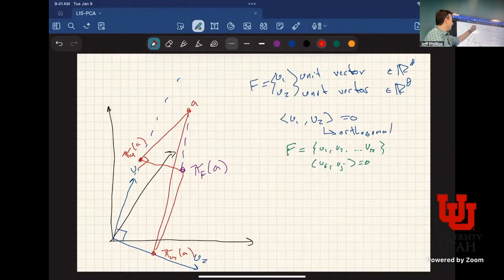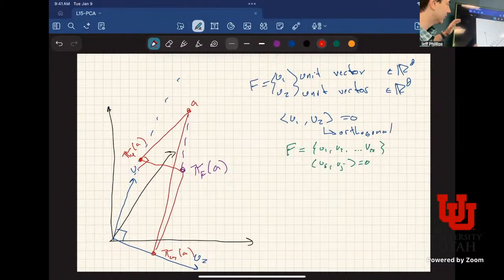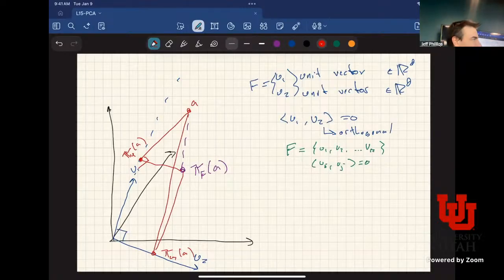So think of U1 and U2 as living in the plane of the board. A is sitting up here, and I can project onto this line, and I can project onto this line with A, and its overall projection is here. You need to think like you have a perspective, and from 3D, you're probably sitting up here. I should have drawn it from your perspective down here, but try and work with it.